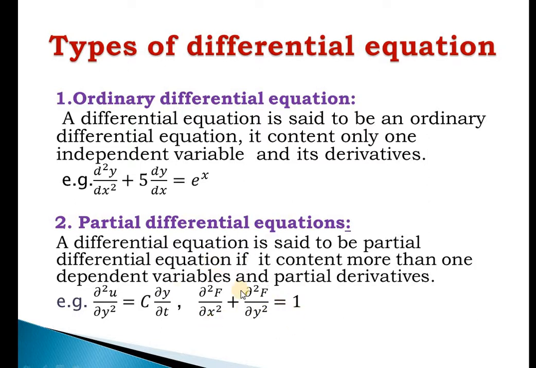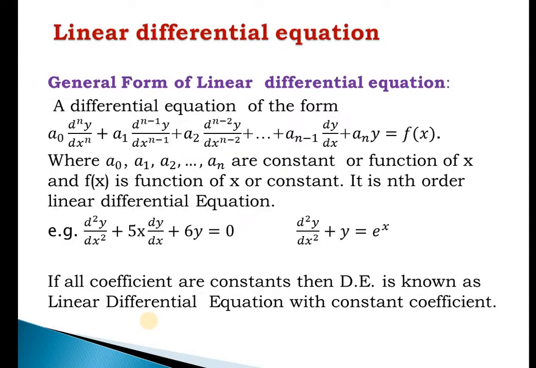Here partial derivatives are involved, so it is a partial differential equation. The main difference is that here there is only one independent variable x, here more than one independent variables x and y, here y and t. Okay.